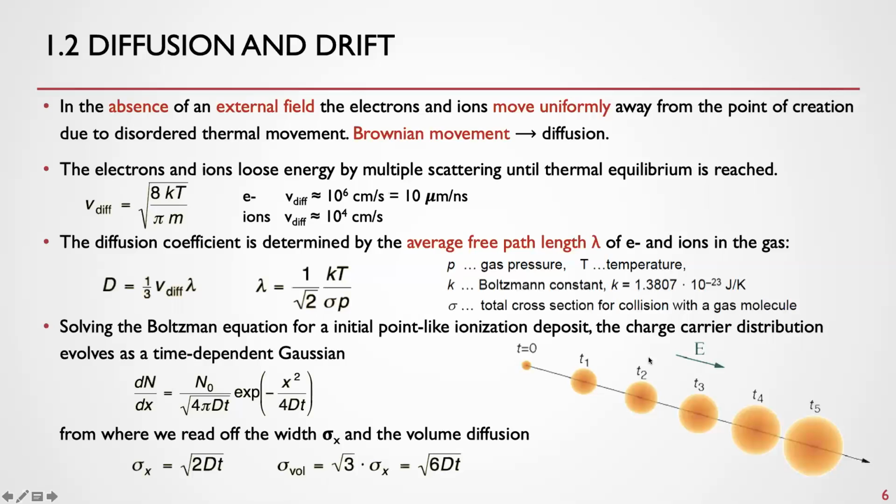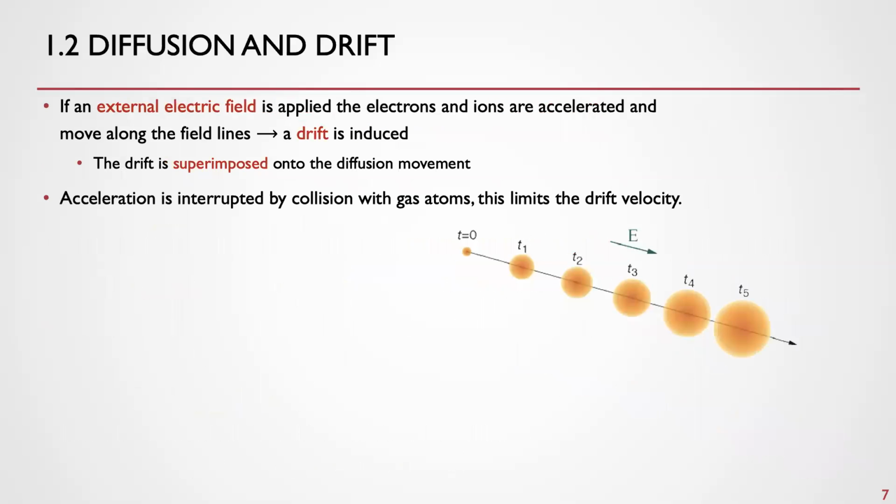Now, if we apply an electric field, this initial Gaussian will move along the electric field and increase in size according to this Gaussian behavior I just discussed. So that's the situation for an incident point-like ionization deposit somewhere in a gaseous detector.